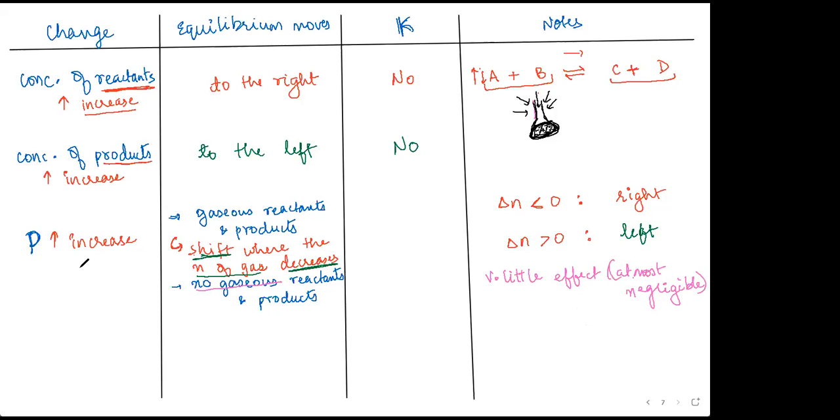So an increase or decrease in pressure will only affect a reaction where there are gaseous reactants or products. If there's any gaseous species, then you need to look at in which direction the reaction will go to reduce the pressure. But if there's no gaseous reactant or product, there's no effect of pressure on the reaction at all. Next, another thing: pressure change is not going to affect the equilibrium constant.